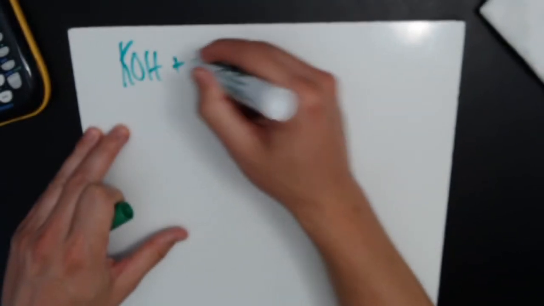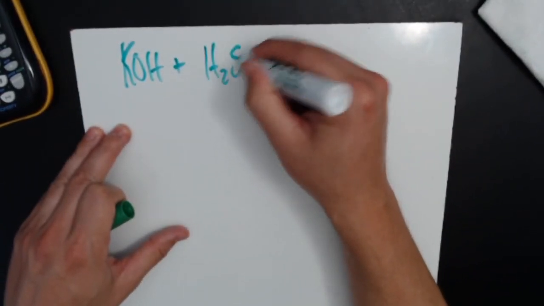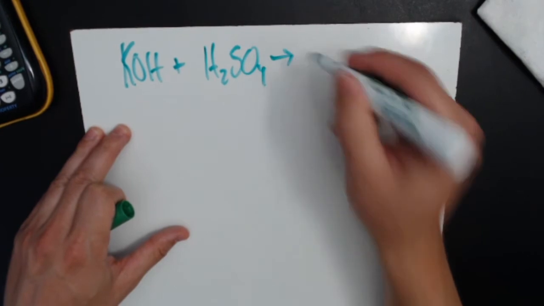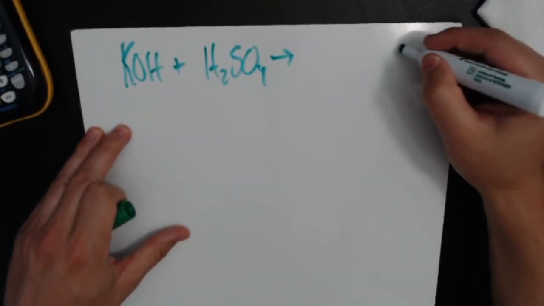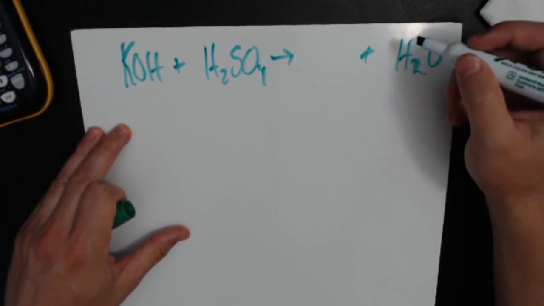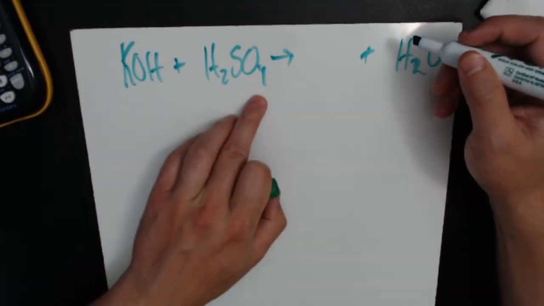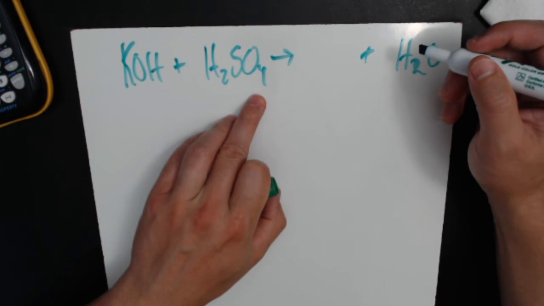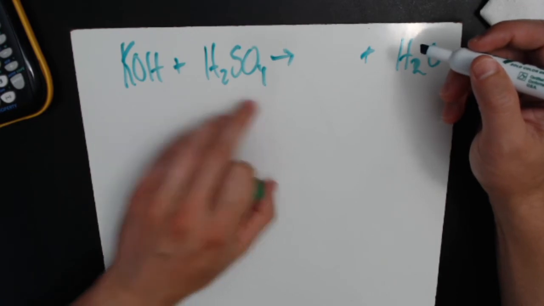So our base, potassium hydroxide. Our acid, H2SO4, sulfuric acid. Well, we know we have water. That's a given. Potassium sulfate is our other product.